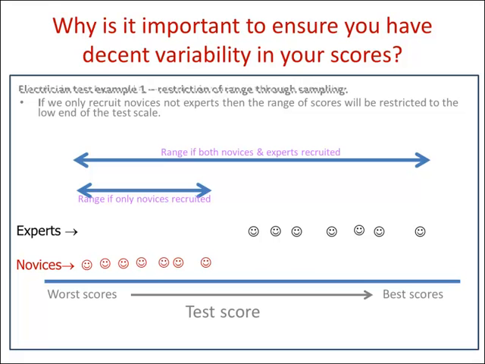So we're running a risk, if we're just going to test this using just novices, of getting that truncated score and therefore getting a restriction of range and therefore getting an underestimate of the true validity coefficient. So that would suppress the correlation if we had that restricted range.